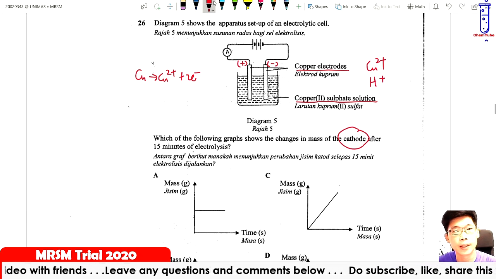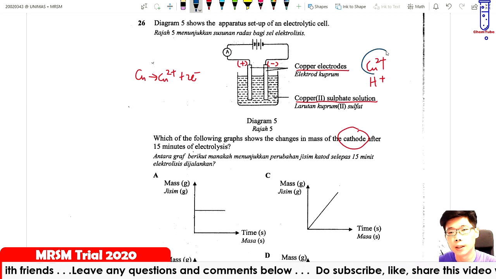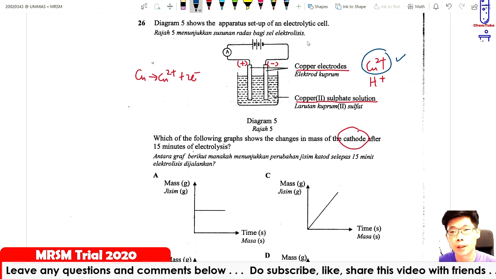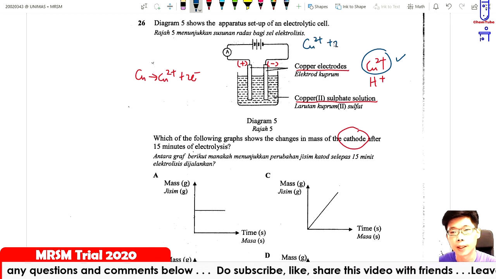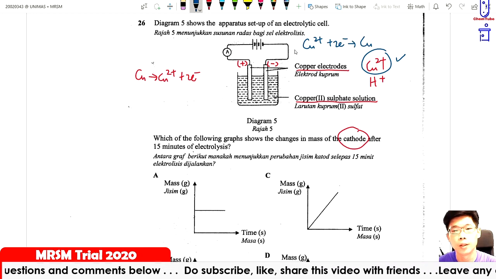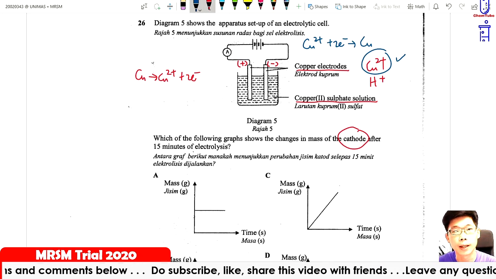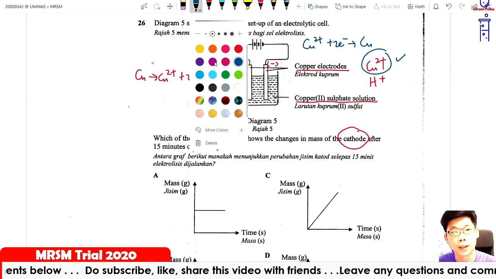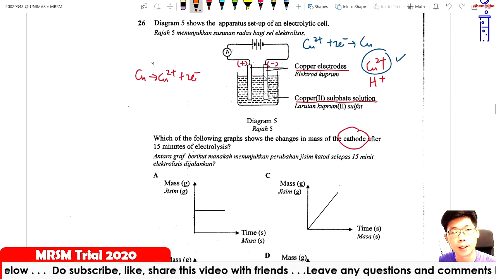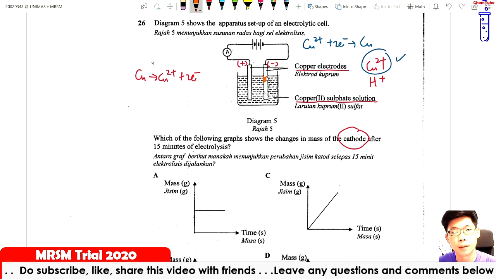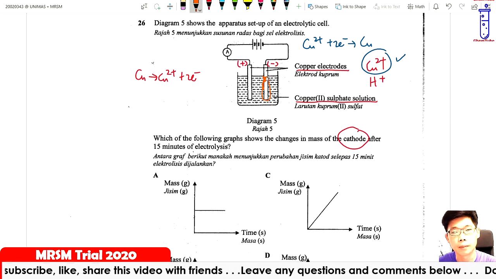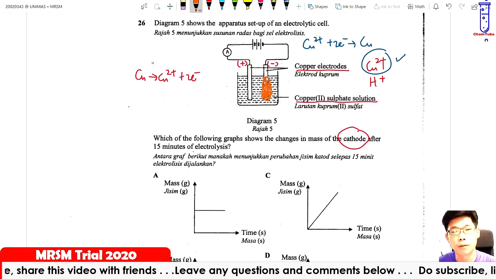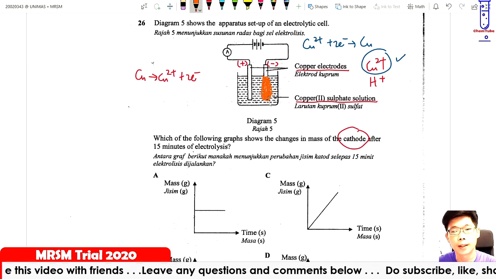So we choose copper and hydrogen. Copper(II) ions are lower in the ECS, so copper(II) ions will gain 2 electrons. Copper will form a brown solid, so later it becomes bigger in size, because the brown solid is formed at the cathode.